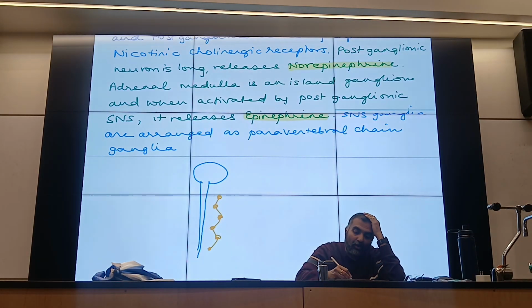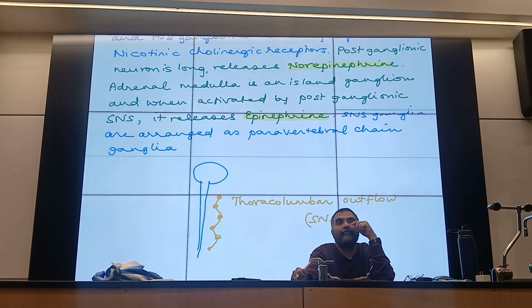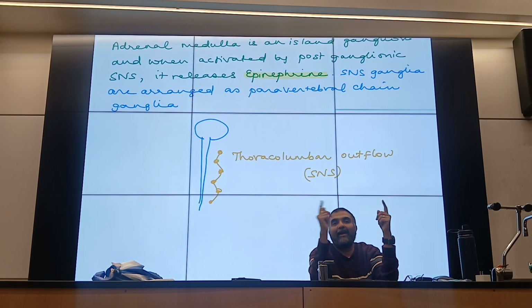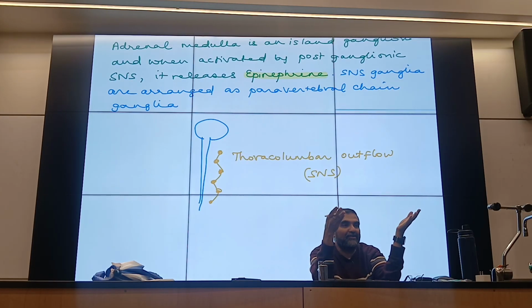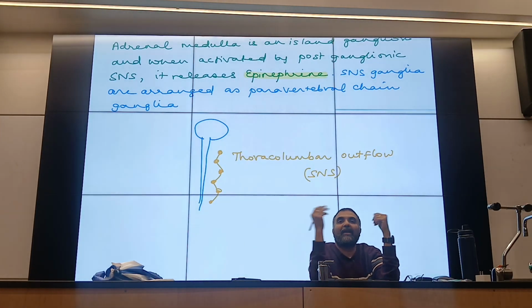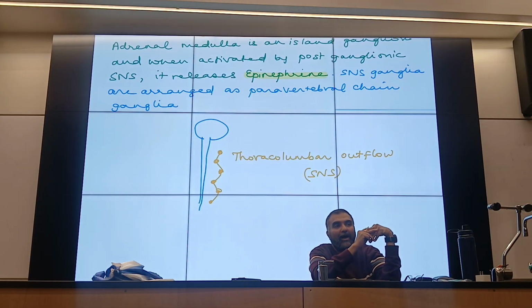And this is called thoracolumbar outflow. So the SNS has a thoracolumbar outflow. The preganglionic is short because you're right next to the spinal cord, and the postganglionic is long. Everybody understands why now. I'll let you digest.